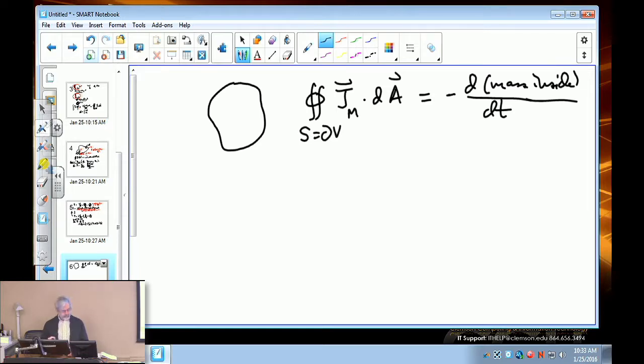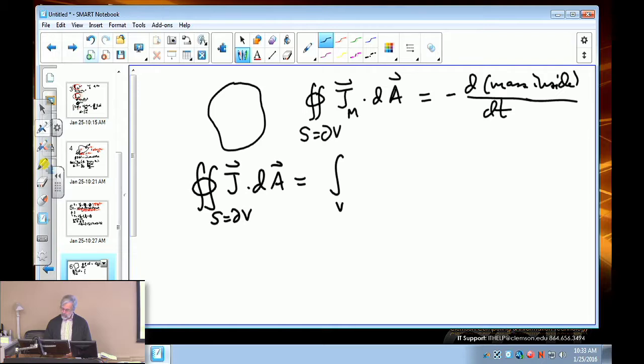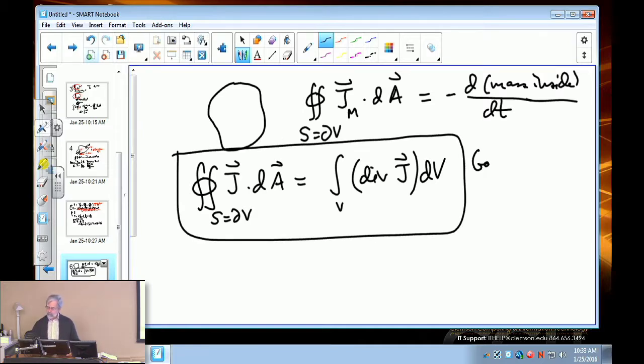Okay, now let's go back to Gauss's theorem, which is written this way. This is Gauss's theorem. This is a mathematical theorem in the sense that it concerns quantity and the flow of quantity, the flow of volume.